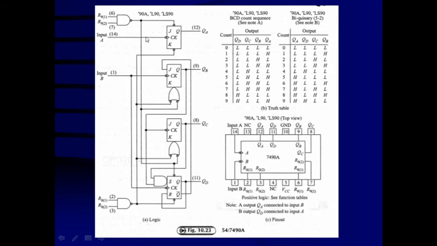These R01 and R02, they are working here. You can see that this is R01 and this is R02. They are the inputs of the NAND gate, and the output of the NAND gate is connected to the clear input of every flip-flop.